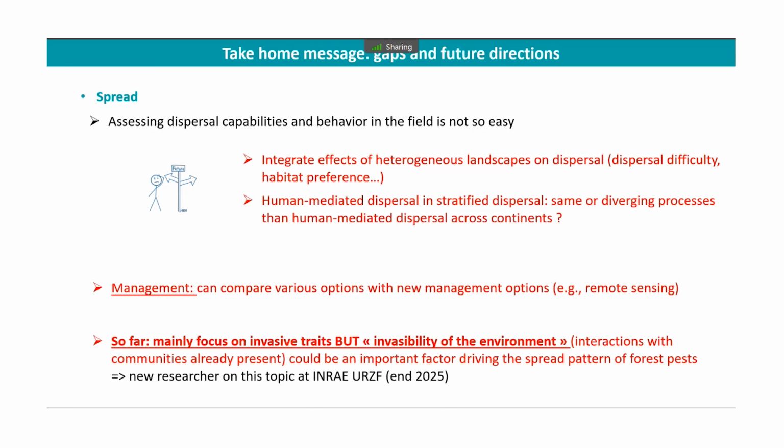We should consider the interactions with communities already present. So I think Eki talked about invasibility, so that's going in the same direction. We would need to consider the community of trees, but perhaps not only, even broader, the community of insects already there, occupying a niche, and so on.